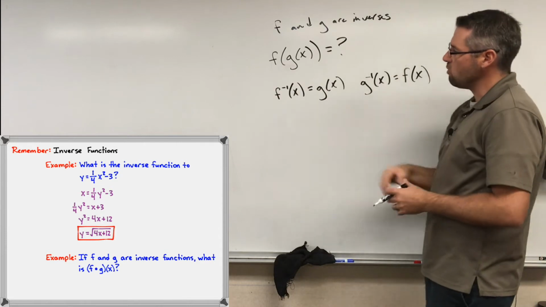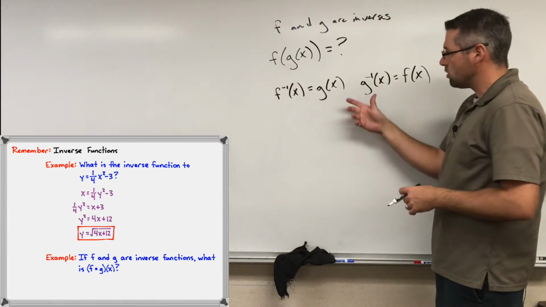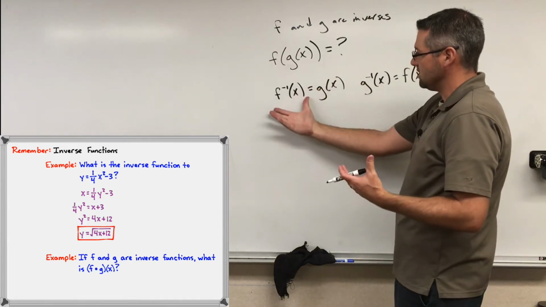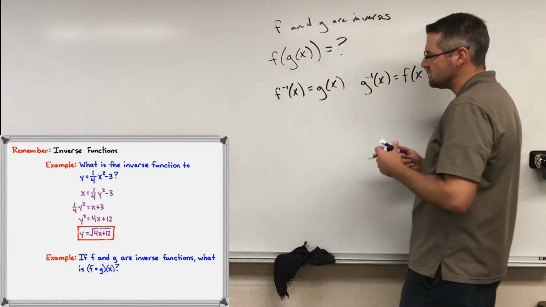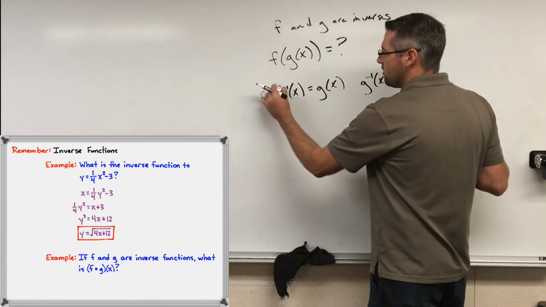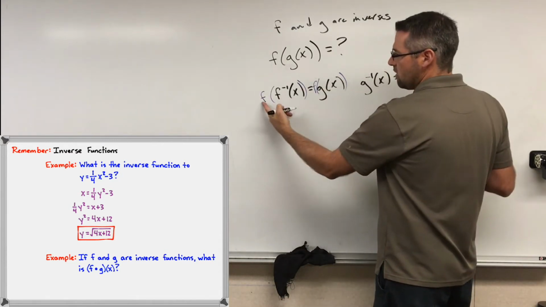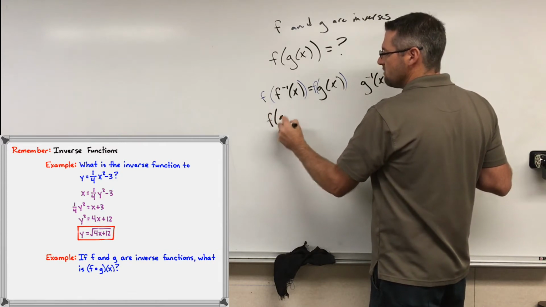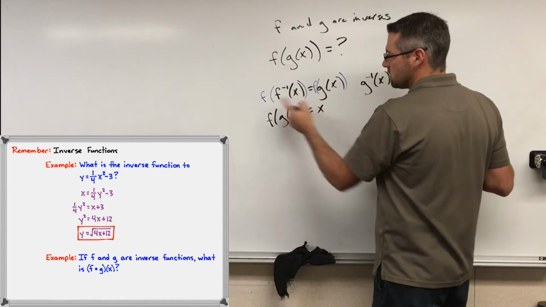Now from here, we want to figure out what f of g of x is. In order to solve for this, we need to first figure out what g of x is, so we can evaluate that. In a sense, you would take the f of both sides. And so we end up with f and the inverse of f canceling out, and you're left with f of g of x equals x.